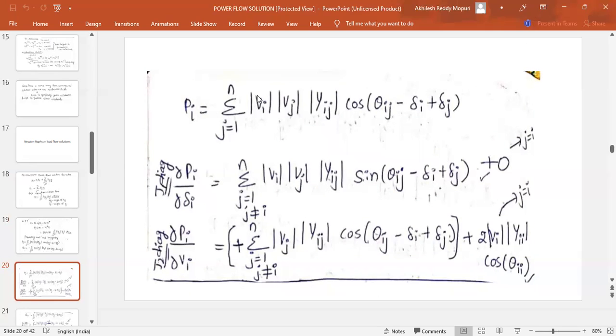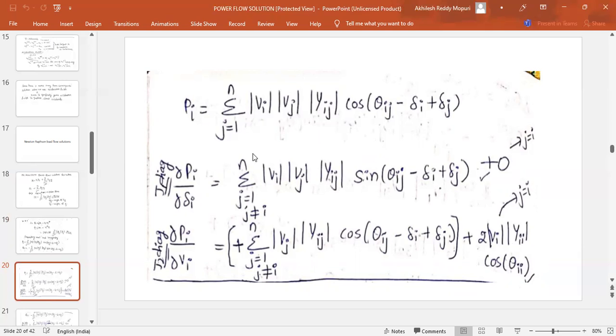Why? Because when j is equal to I, it will become Vi whole square. So Vi whole square Yii cos theta ii will come. So for the j is equal to I case, when you differentiate this with respect to Vi, you will get 2Vi Yii cos theta ii.